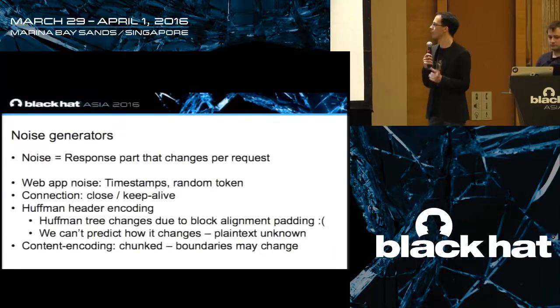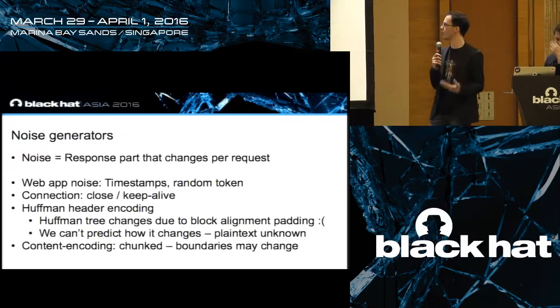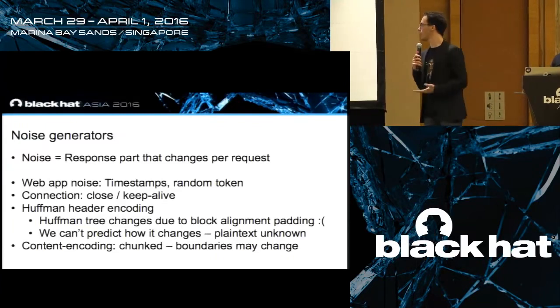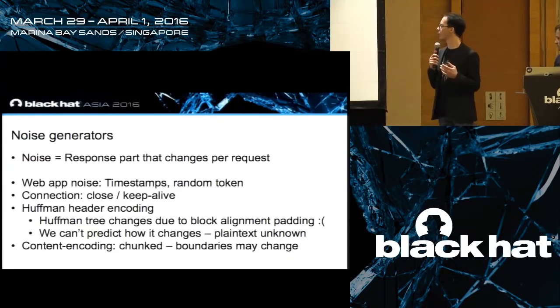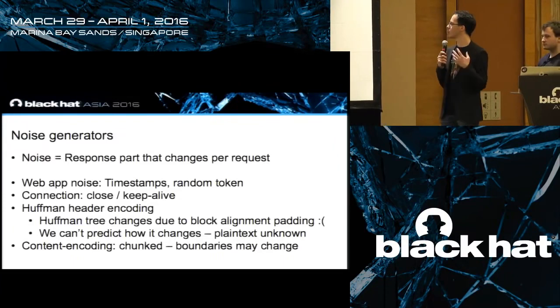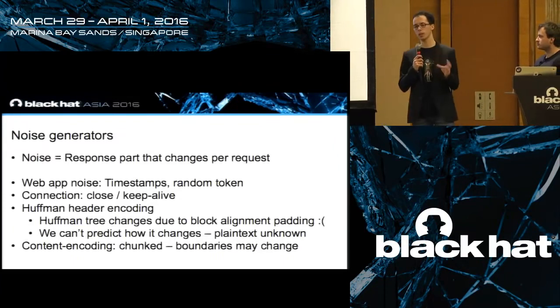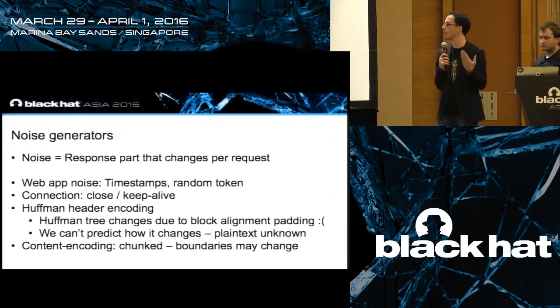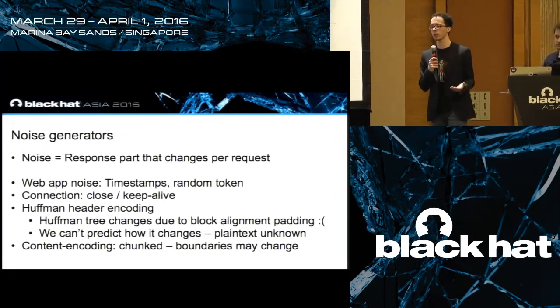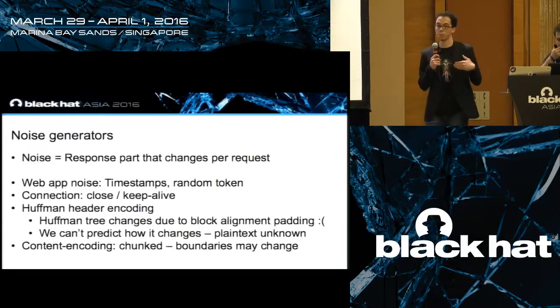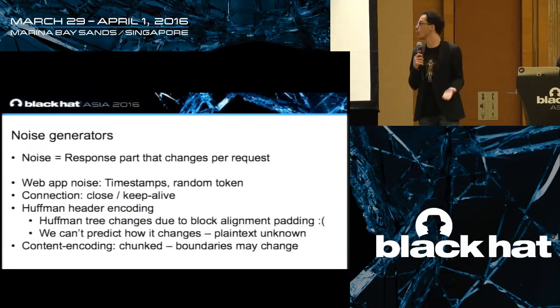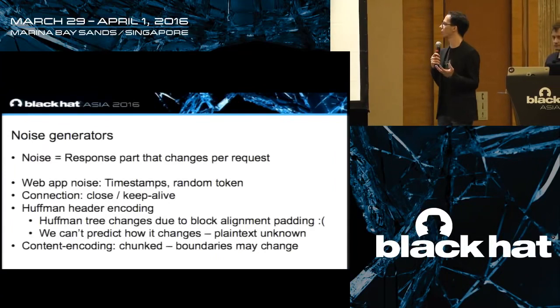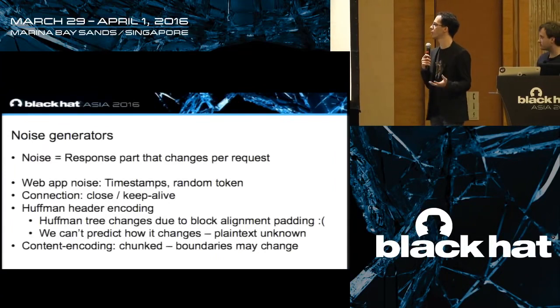So the connection field in the HTTP header can either take a value of close or keep-alive. In the first case, there are 3 or 4 fewer bytes. The HTTP header is not compressed with the response body, but it is encrypted. So these 3 more bytes will probably result in one more block. And we don't like that because it might affect our results.